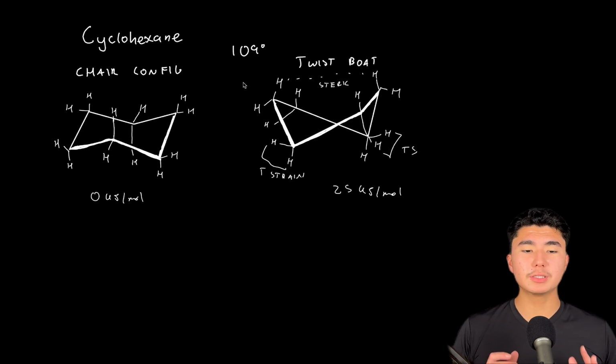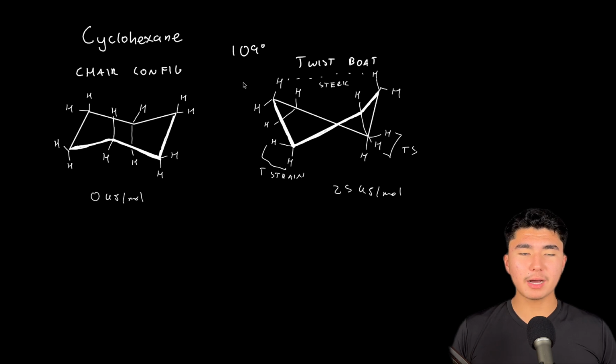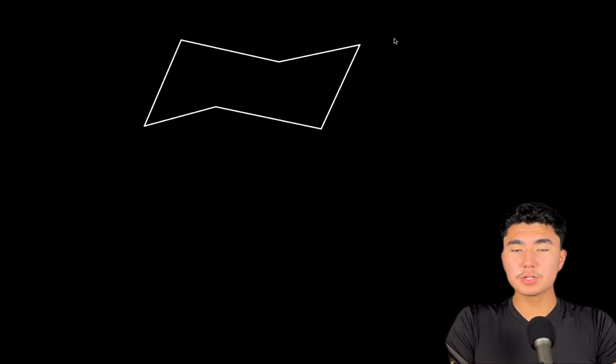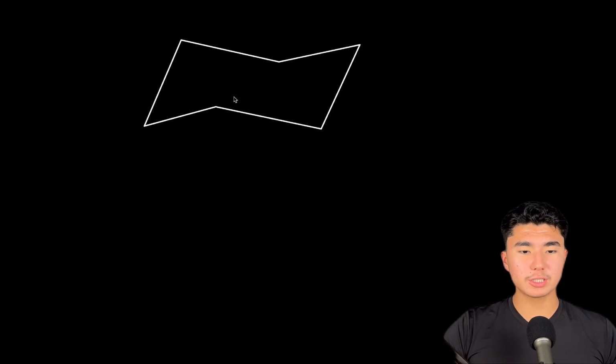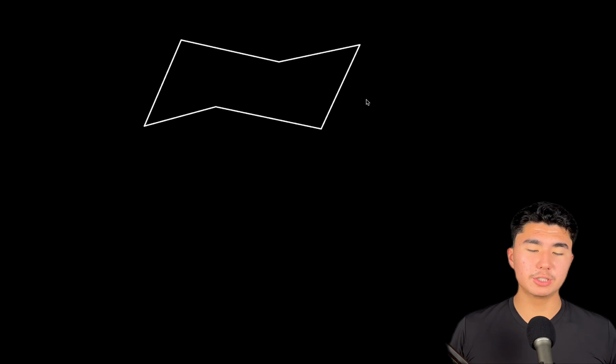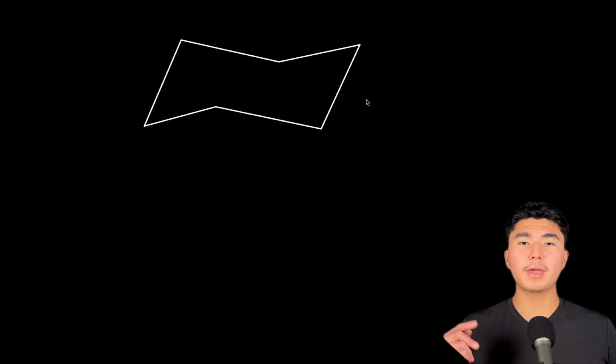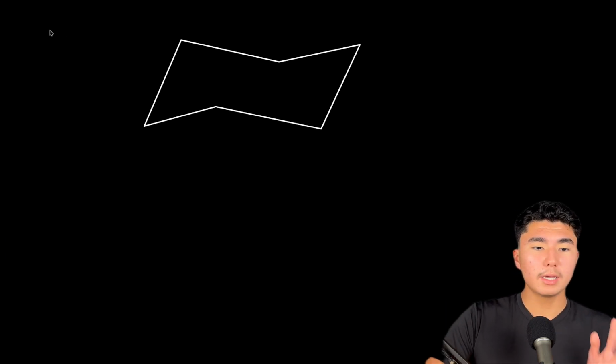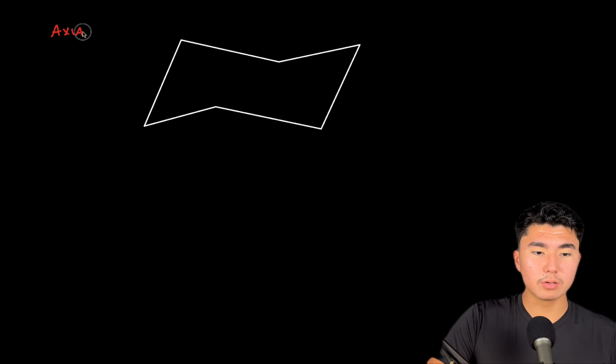So now let's get into more depth with this chair configuration and dive into the different ways in which we can make it more stable or even less stable. As you notice with the chair configuration we drew before, we have hydrogens bonded to each of these corners, each corner representing a carbon. Now, there were hydrogens pointed up and down, and these are in the axial position.